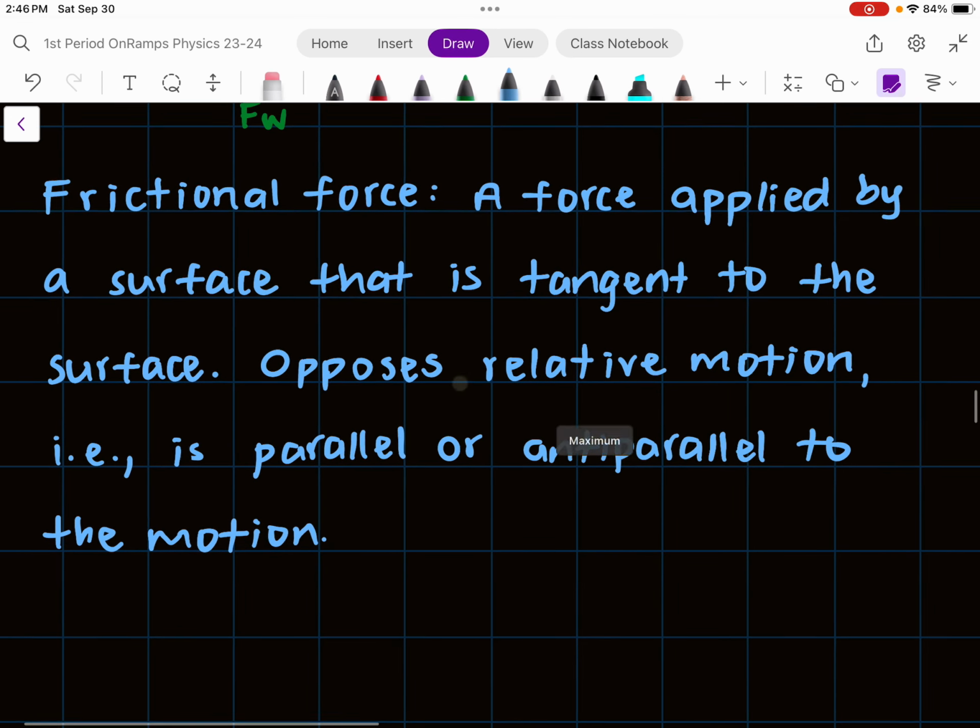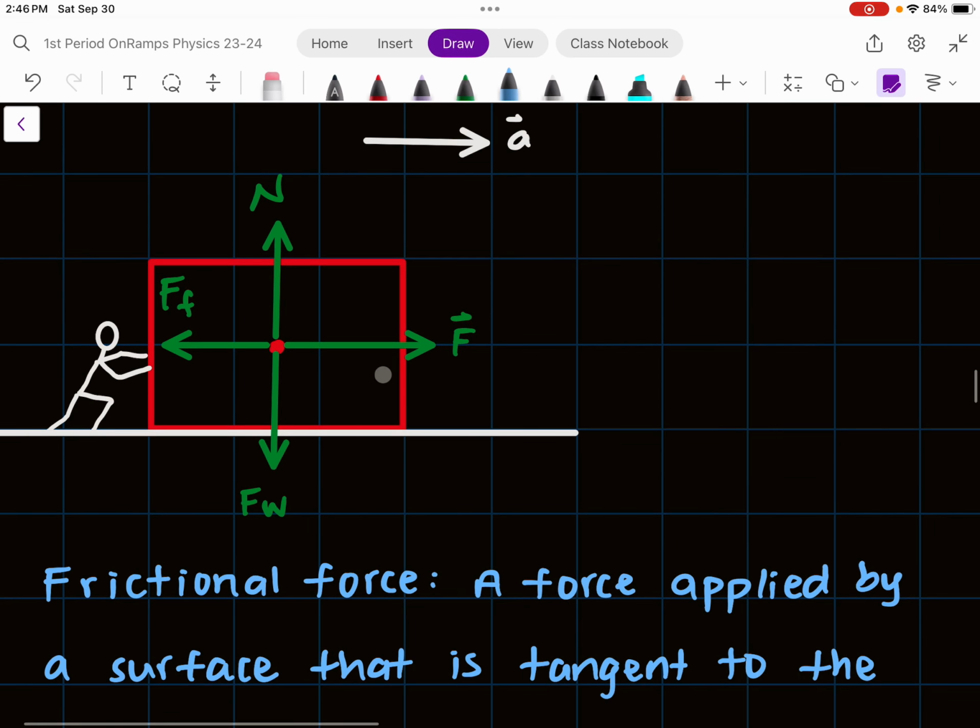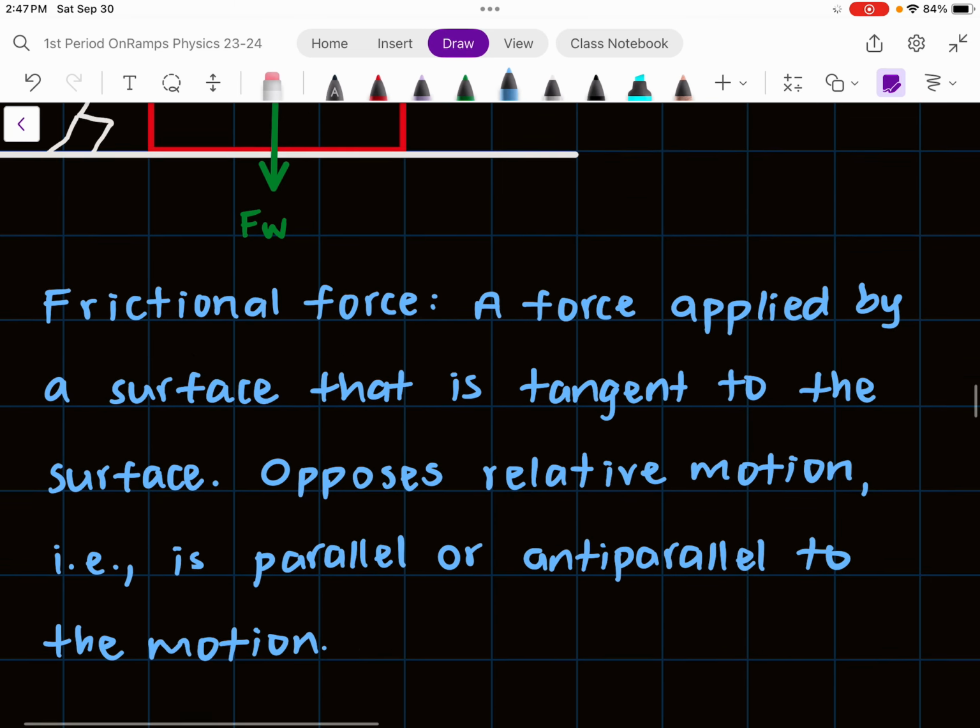What that means is if this student decided to start pushing to the left, then friction would switch and now point to the right, okay? It opposes relative motion. That's all you need to know for now, okay?